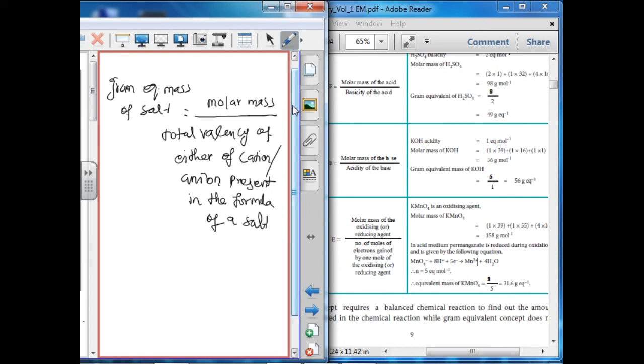For example, calculate the gram equivalent mass of Al2(SO4)3, aluminium sulfate.